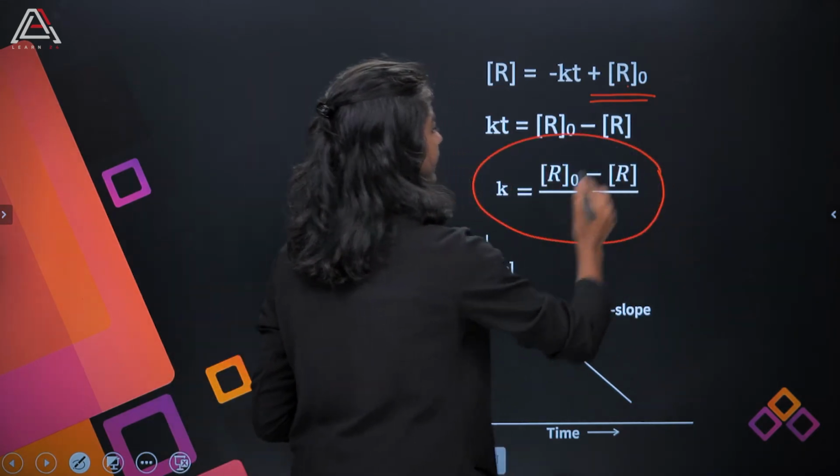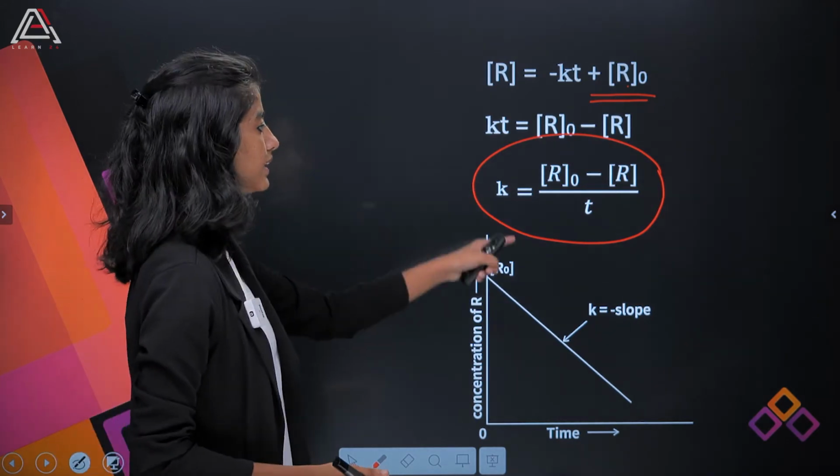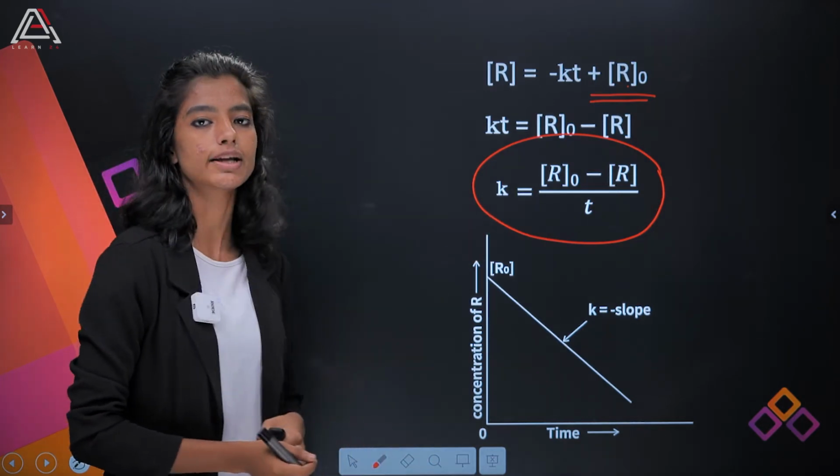This is the integrated rate equation for the zero order chemical reaction. You have to remember this equation.